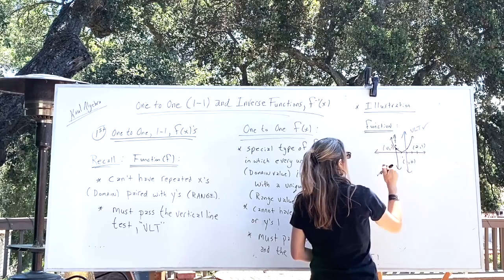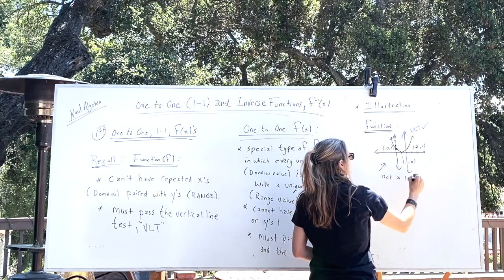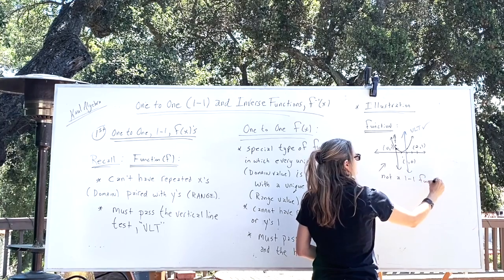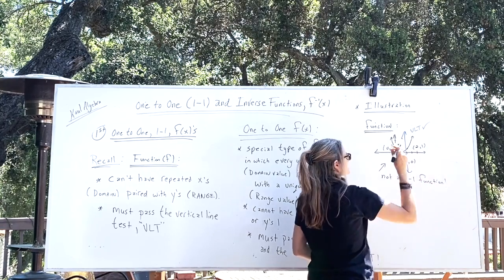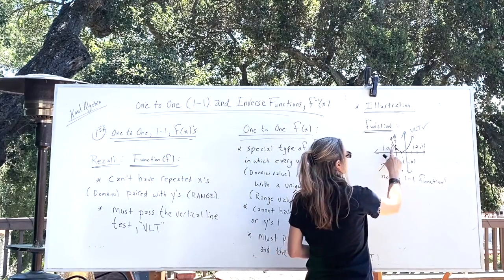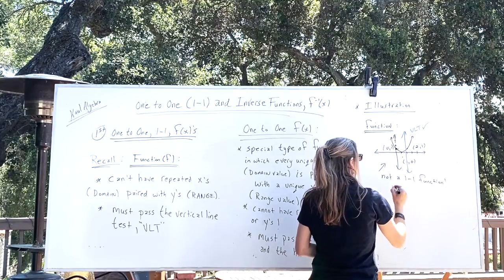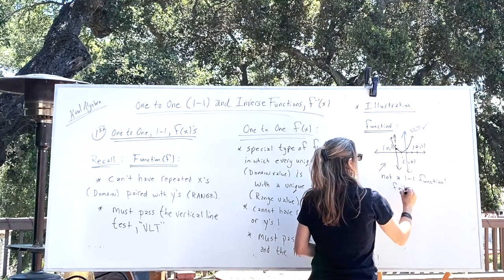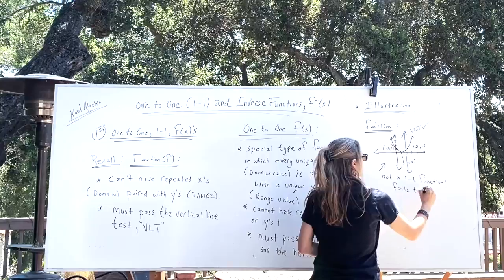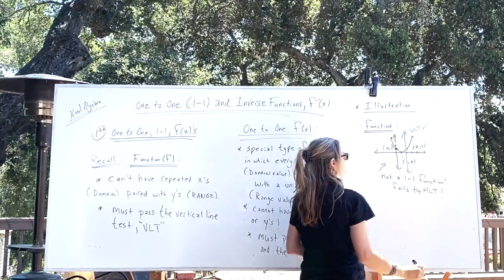Now this is a function, but note that this is not a one-to-one function. When you look at this, we can see that it's a function, but we know it's not a one-to-one function because we have repeated y's. It fails the horizontal line test.